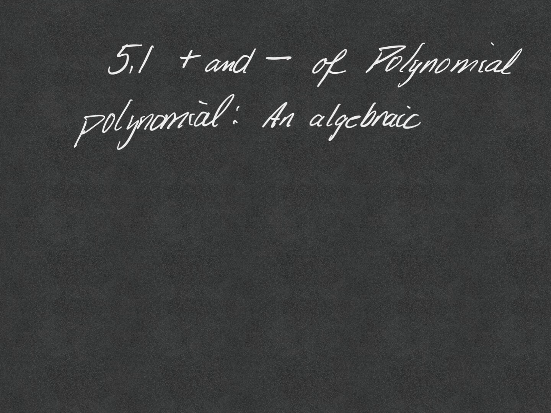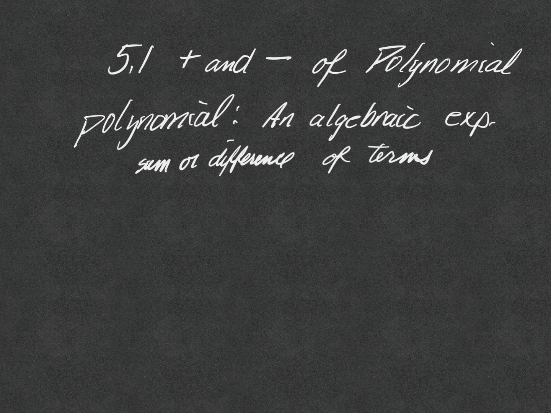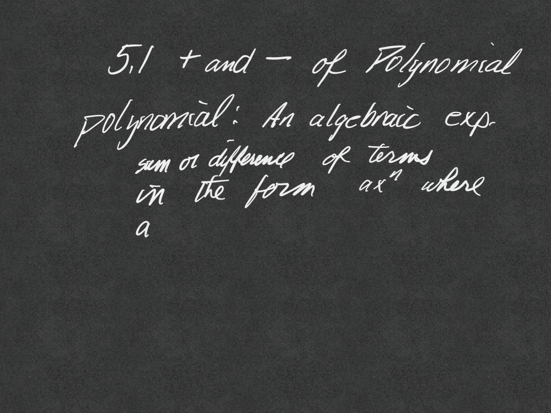And as an algebraic expression, it needs to be a sum or difference of terms in the form ax to the n, where a is a real number and n is an integer. And not just an integer, a positive integer.